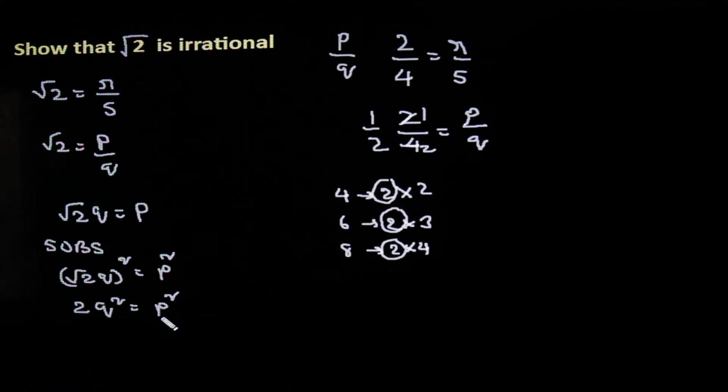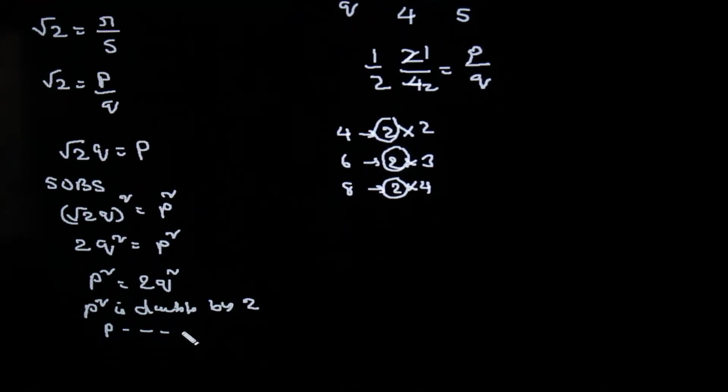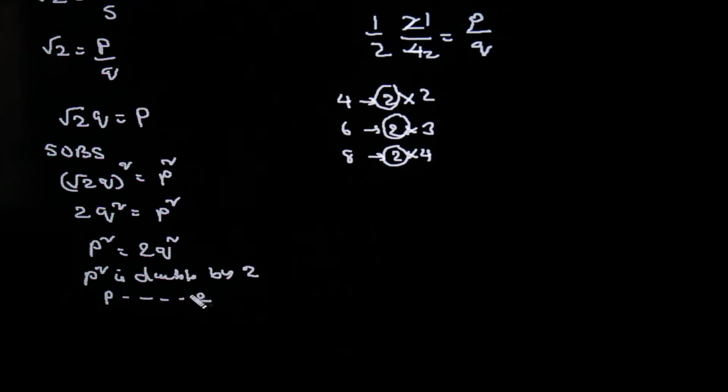Therefore, p square is equal to 2q square means 2 into something. Therefore, p square is divisible by 2. If p square is divisible by 2, p is also divisible by 2. Consider this as the first result.